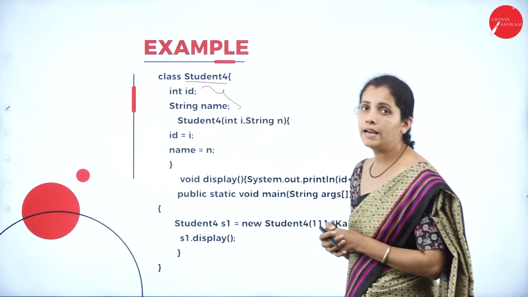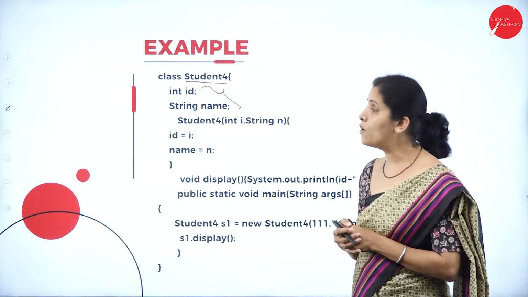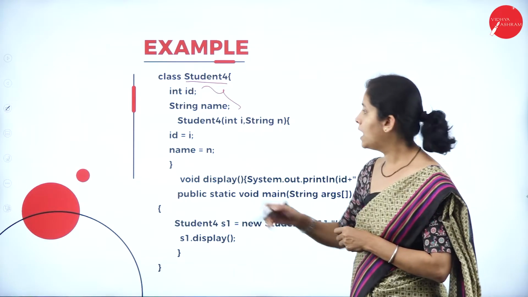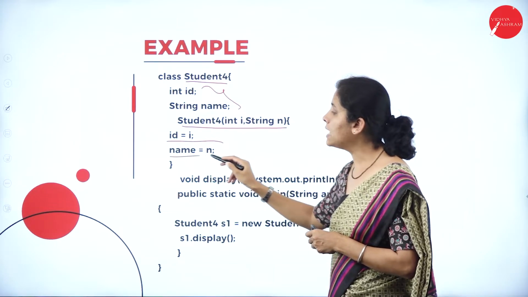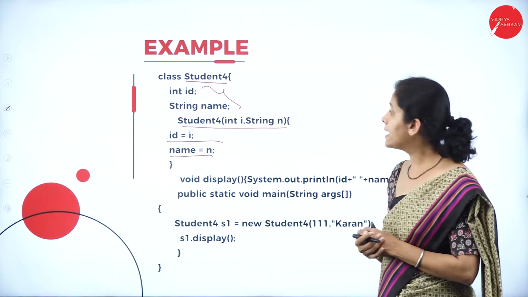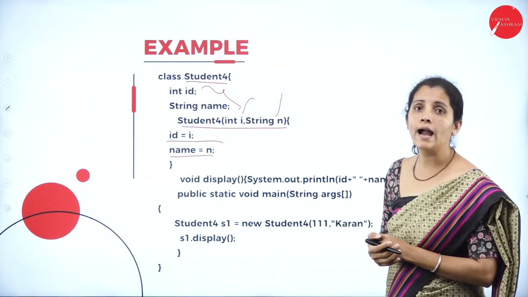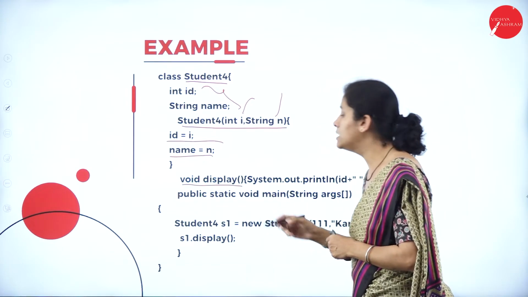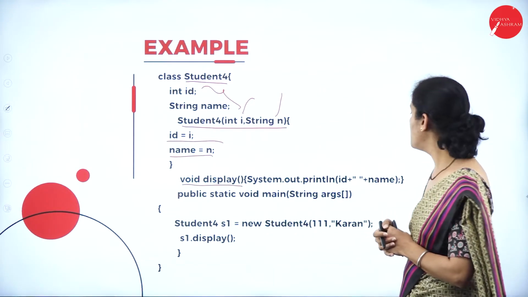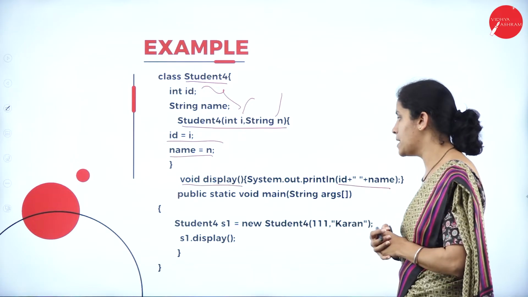One is ID of the type integer and another one is name of the type string. And this is the example for parameterized constructor. And what are the parameters I have here? That is I and N. Now I'm going to have the display function, and I'm trying to display ID as well as name.